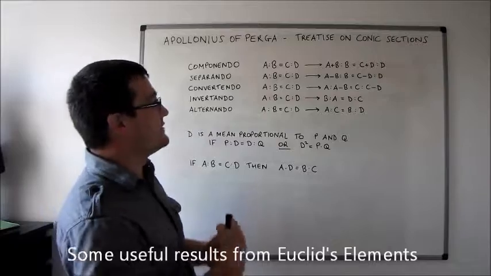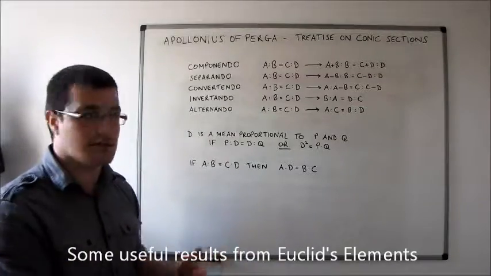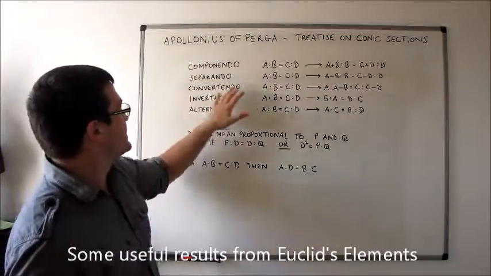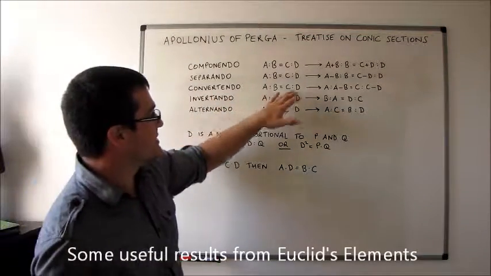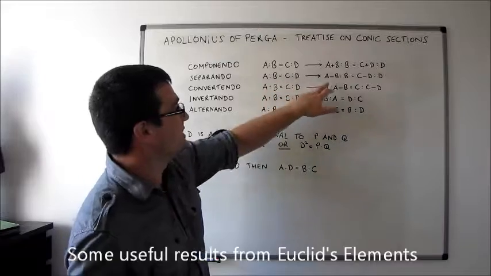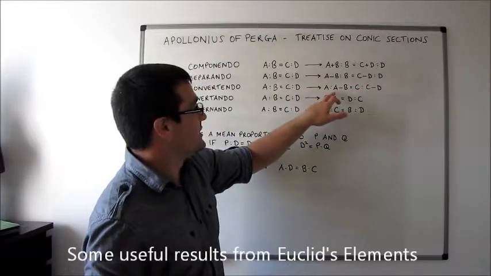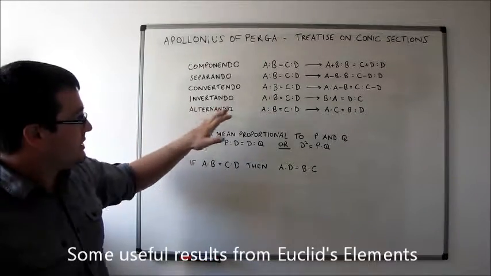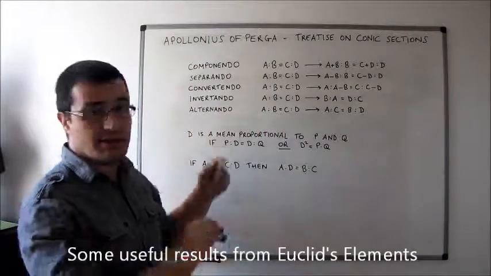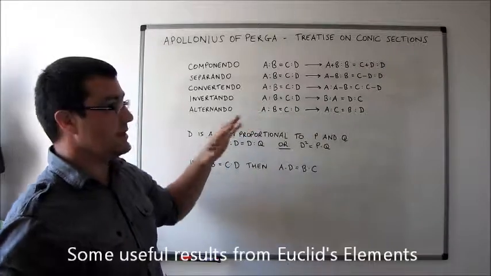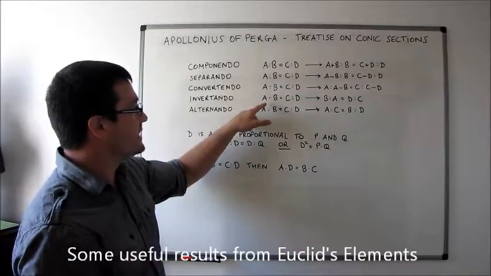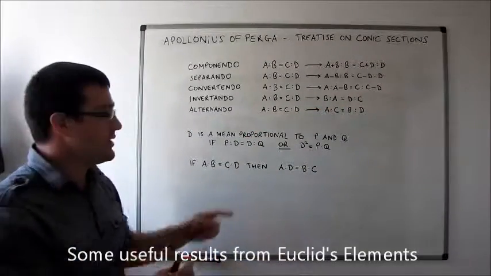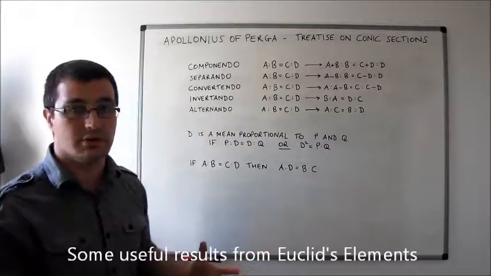Separando, rather than finding the sum of the antecedents and the consequents, I find the difference. Convertendo is quite similar to separando, except rather than replacing the antecedents, I replace the consequents. Invertando means that I can interchange the roles of antecedent with consequent in both of the ratios to again get two new ratios, but they're going to be equal.